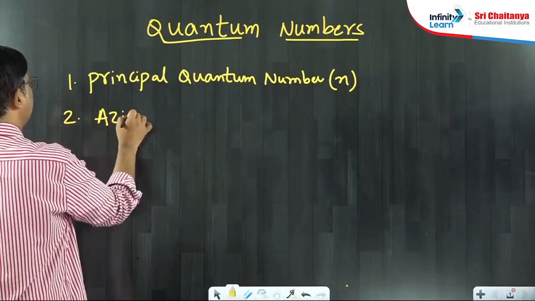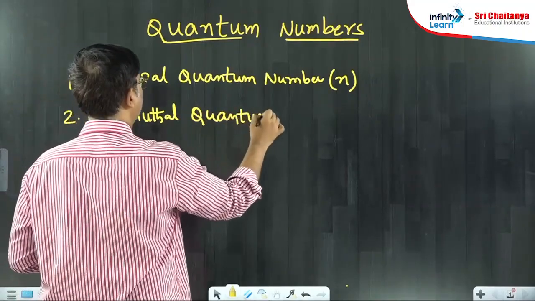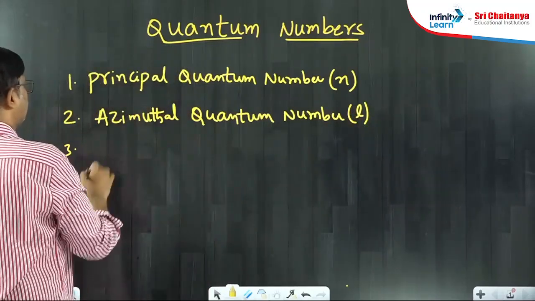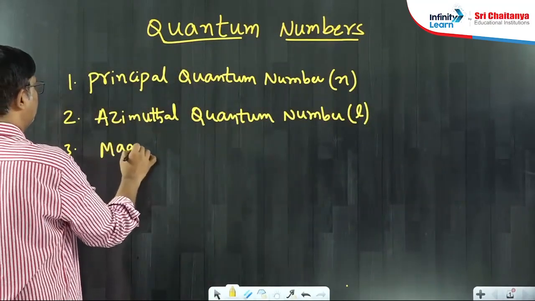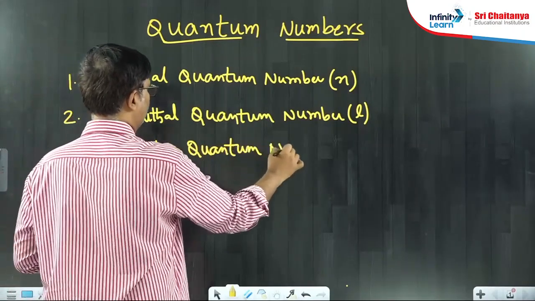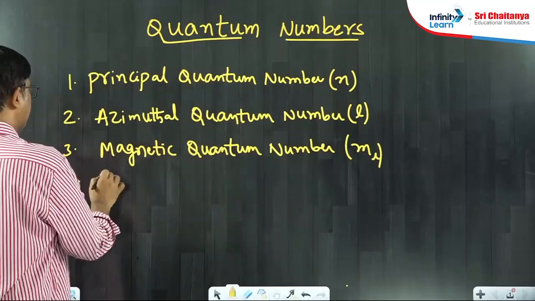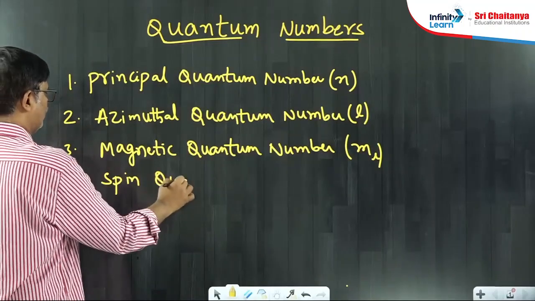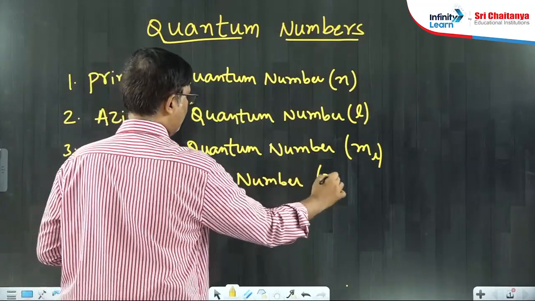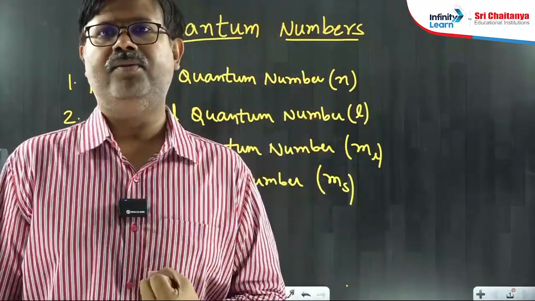Second, azimuthal quantum number, denoted by l. Third, magnetic quantum number, denoted by ml. And fourth, spin quantum number, denoted by ms.